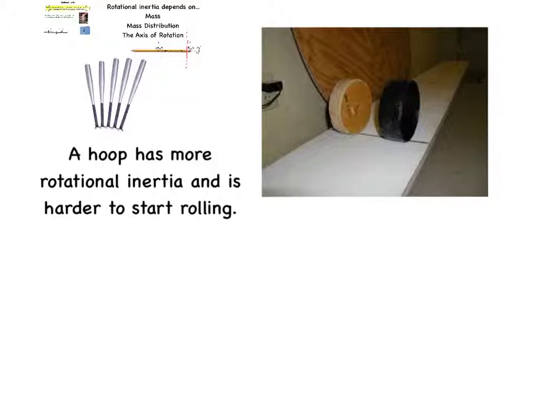When rotation is introduced, the object with the larger rotational inertia relative to its own mass has the greater resistance to a change in its motion. So, any solid cylinder will roll down an incline with more acceleration than any hollow cylinder, regardless of mass or radius. A hollow cylinder has more laziness per mass, you could say, than a solid cylinder.